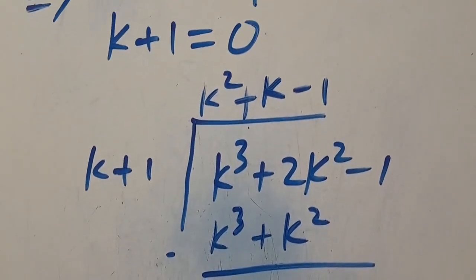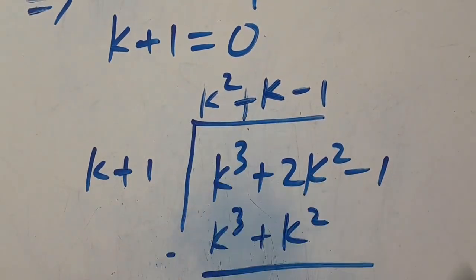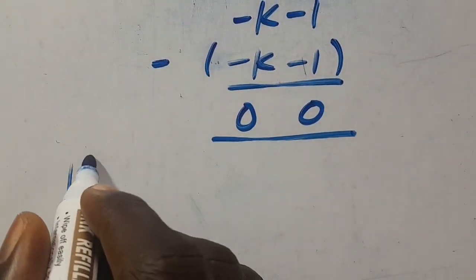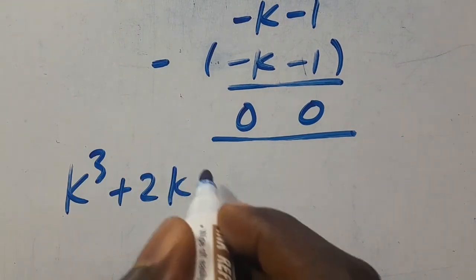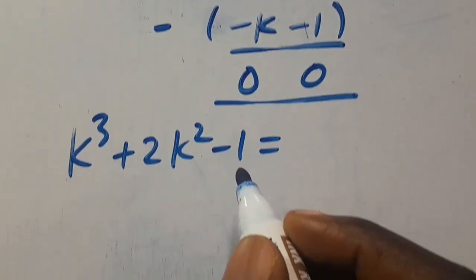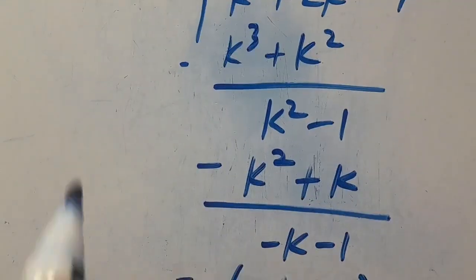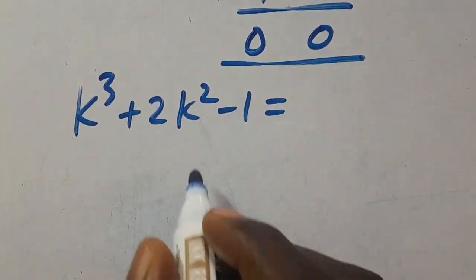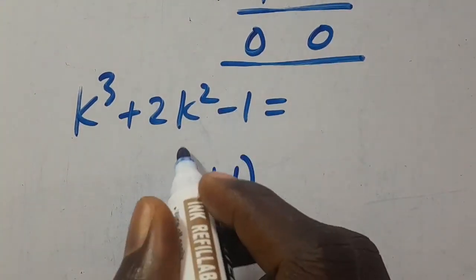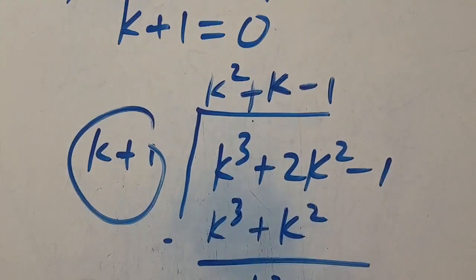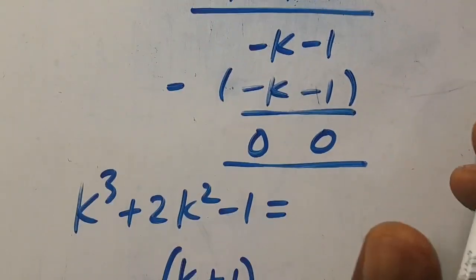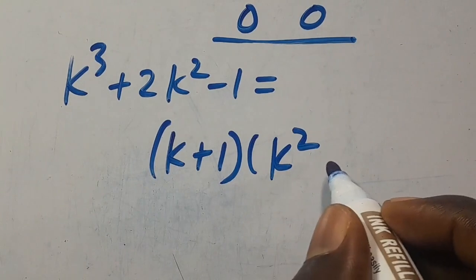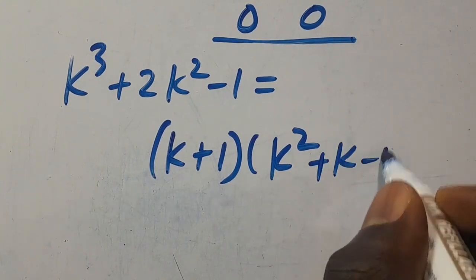Therefore, when we multiply this and this, it will give us back our k to the power of 3 plus 2k squared minus 1, equivalent to, when you multiply this, k plus 1 multiplied by k squared plus k minus 1.